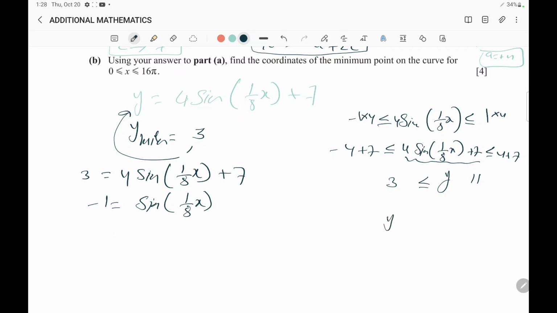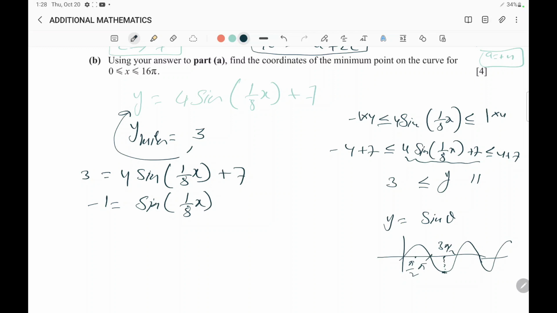Let us understand. When we have y equals sine theta, this is the graph of sine theta, right? It goes on. So this is pi, this is pi by 2, this is 3 pi by 2, and it goes on, right? Now it is -1, so this is our -1.